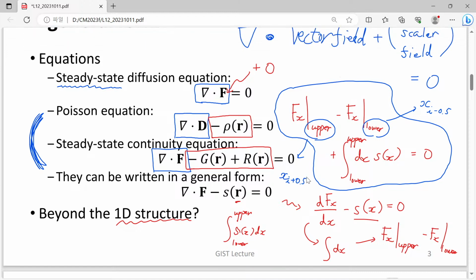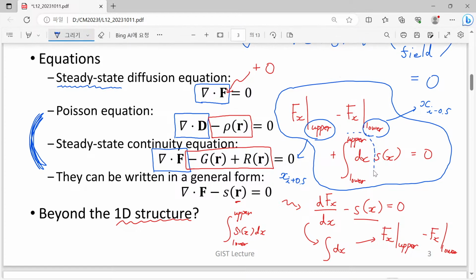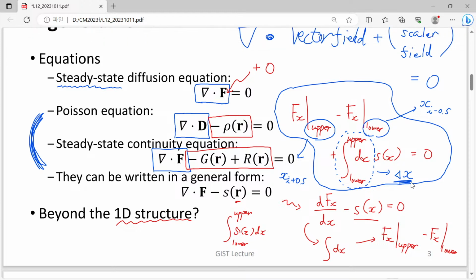So maybe you remember this one. And this integral can be simply written as what? Just the difference between upper and lower, and in our uniform case that can be written as also delta x. So that was the situation shown in our 1D structure.